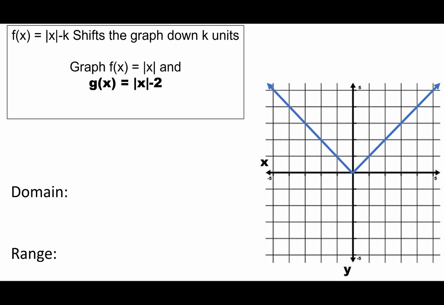All right, so let's talk about now what if we're subtracting. Well, adding took us up, so subtracting is taking us down. So I'm going to take all those points and shift them down. And in this case, I'm shifting down 2. Okay, I shifted all those points down.